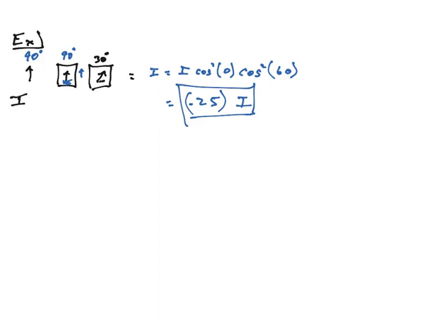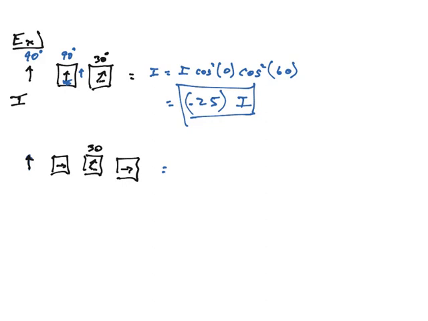Let's try another example. Let's say I start up. I want to go through a horizontal, I want to go through a 30, and I want to go through a horizontal again. All right, well, I can do the mathematics of this, but look, there's something really easy.